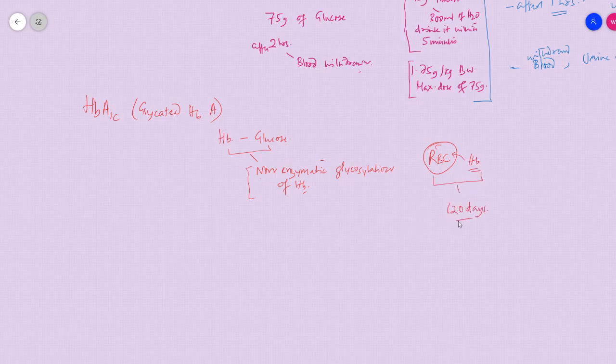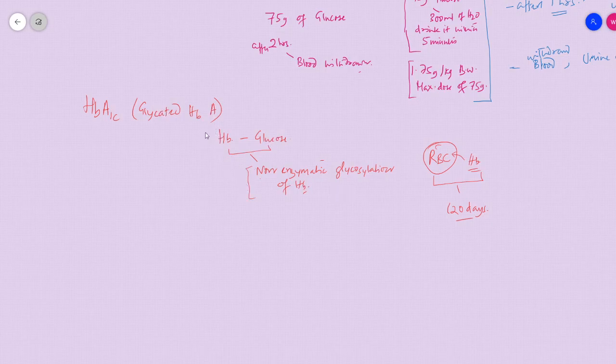During the 120 days, if the hemoglobin has been in contact with increased amounts of glucose, then it would be more glycosylated. If the glucose has been well controlled, then for 120 days this hemoglobin would have been in less contact with glucose. As a result, less glycated hemoglobin would have been produced.